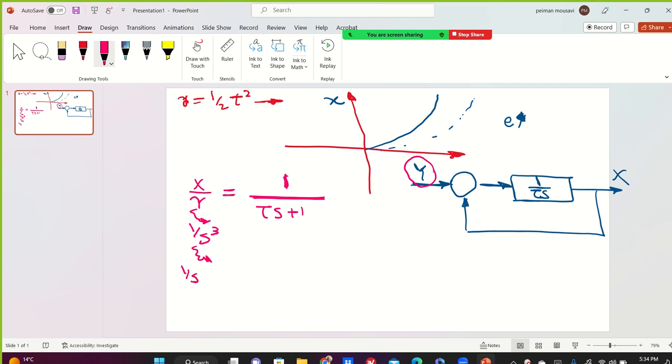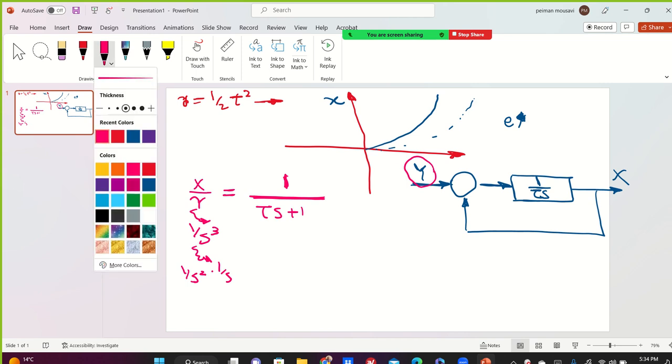For the MATLAB part, sorry, 1 over s squared, 1 over s, as we did for the ramp.